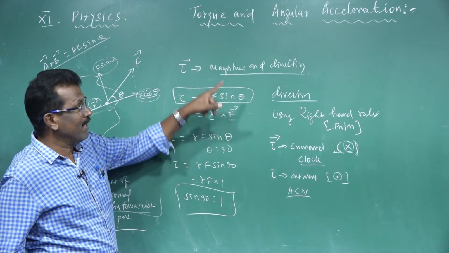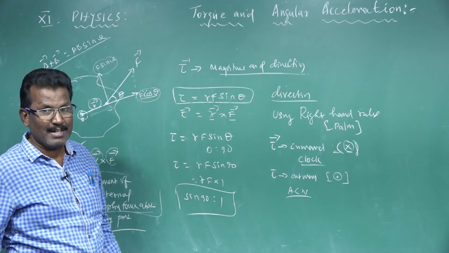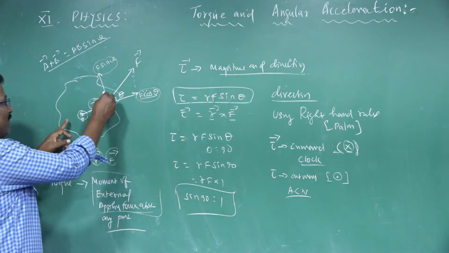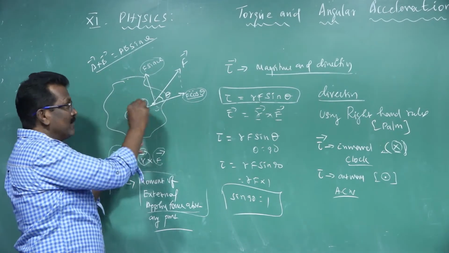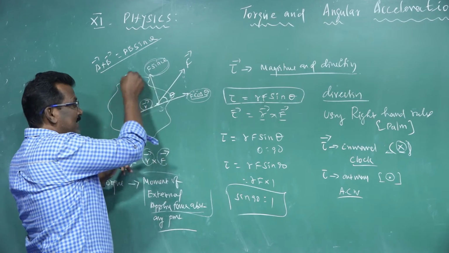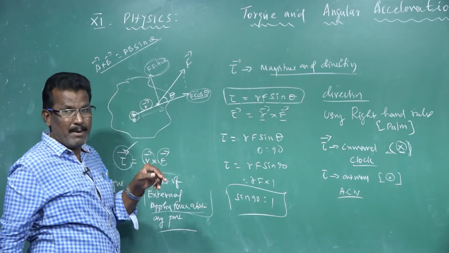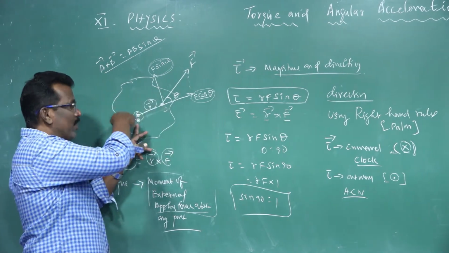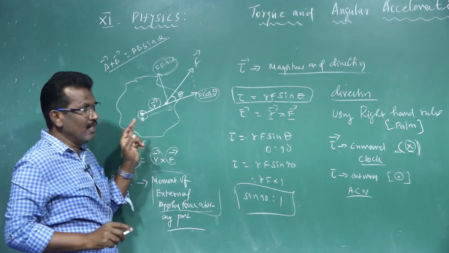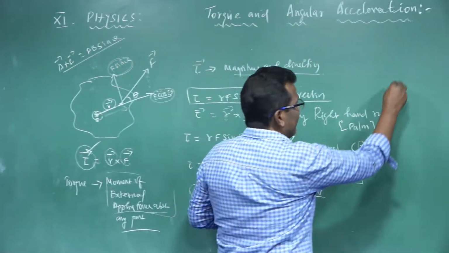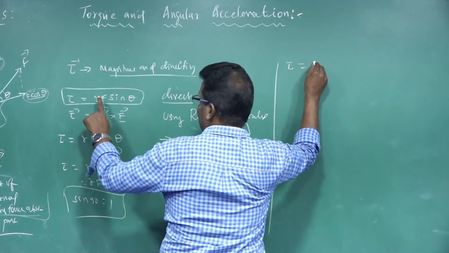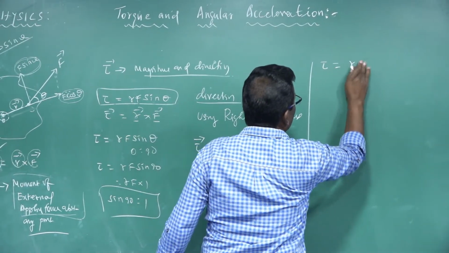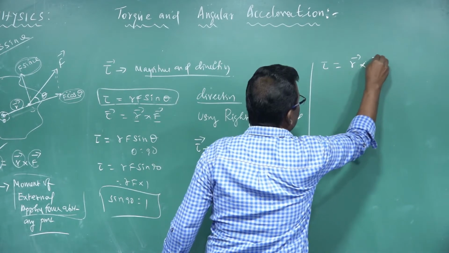Now we are going to calculate another one, which is angular acceleration. If the force applied on the body is tangential, only F sin theta affects the rotation of the body, so the body has to be rotated. So the torque tau is equal to R vector cross F vector.